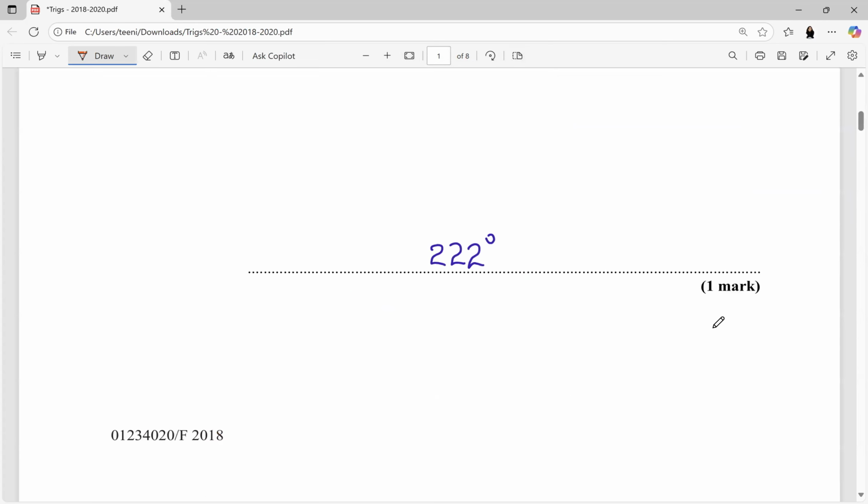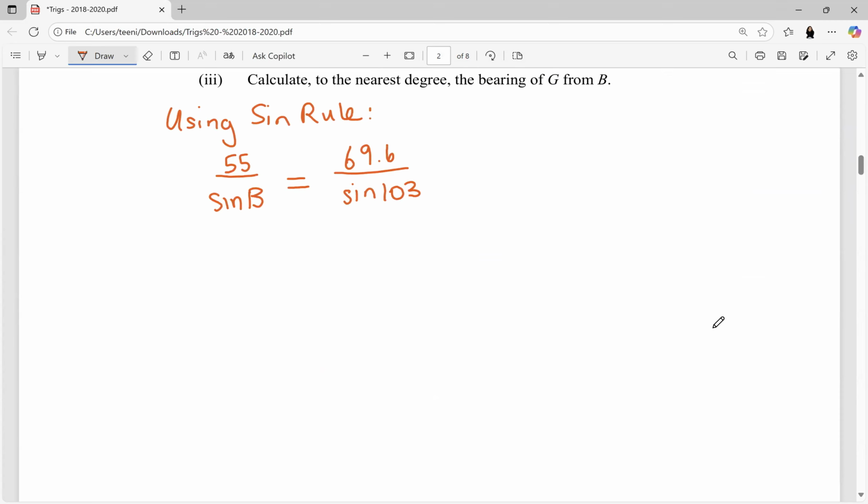Let's go. So that would be cross multiply. We're going to cross multiply here. We'll say 69.6 sine of angle B is equal to 55 times sine of 103 degrees.